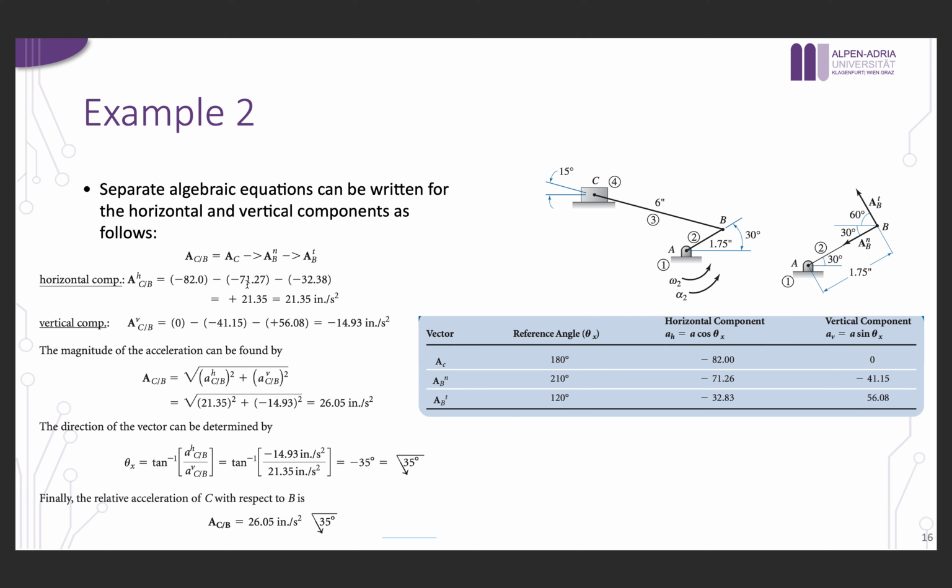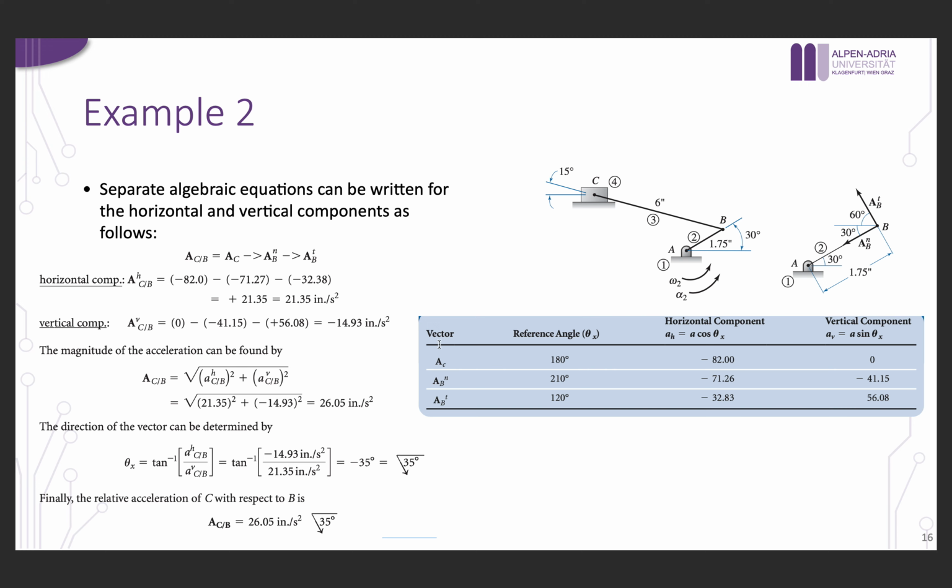Because we have three vectors, if I want to get the relative acceleration of C with respect to P, I first project the three vectors on the horizontal component and get the projection of the relative acceleration, and then project on the vertical, and then I can get the magnitude using that.